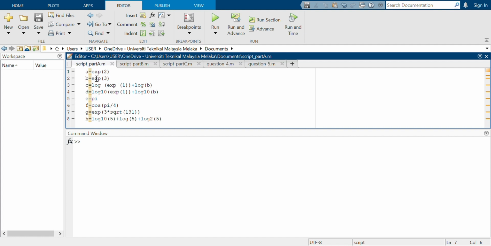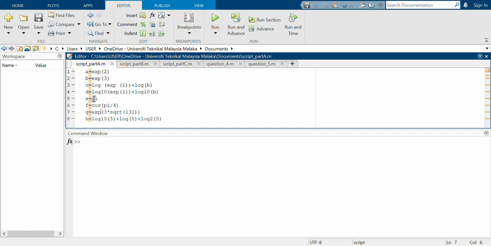So for A, it's exp(2), meaning exponential with the power of 2, and B is exponential with power of 3. Then for C, it's log(exp(1)) plus log(exp(3)), which means log with base of exponential 1 plus log with base of exponential 3.